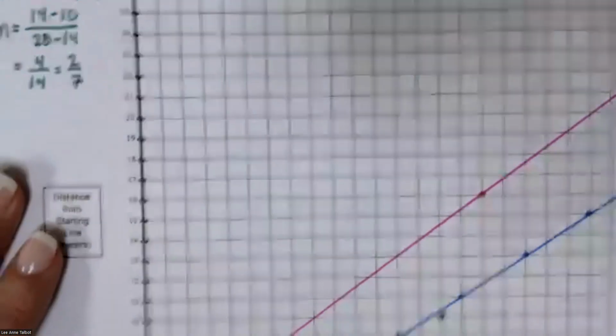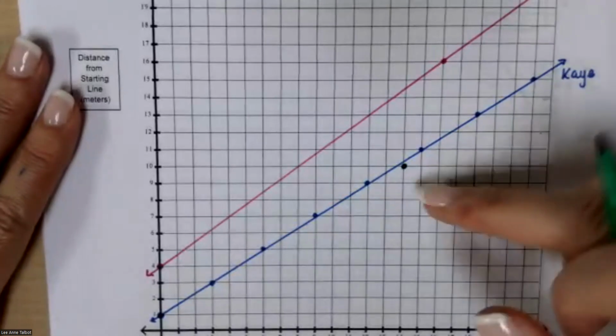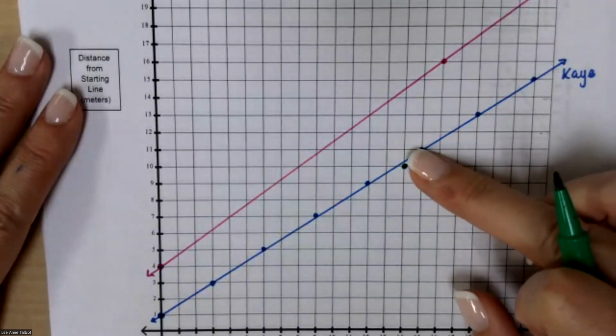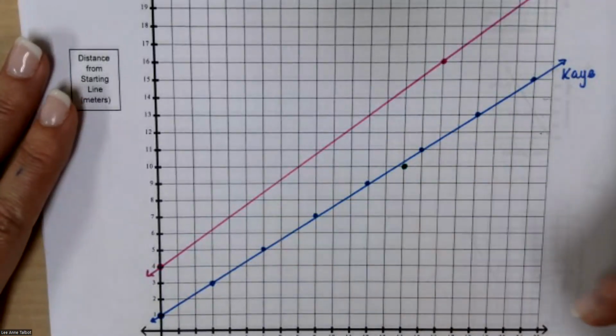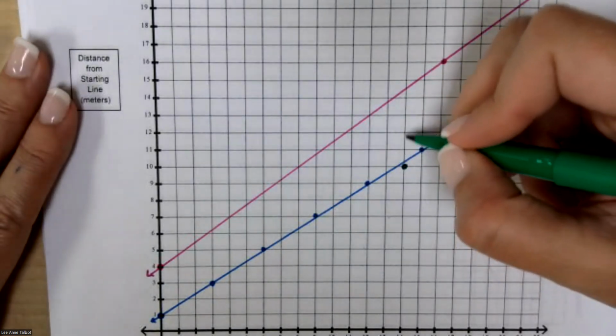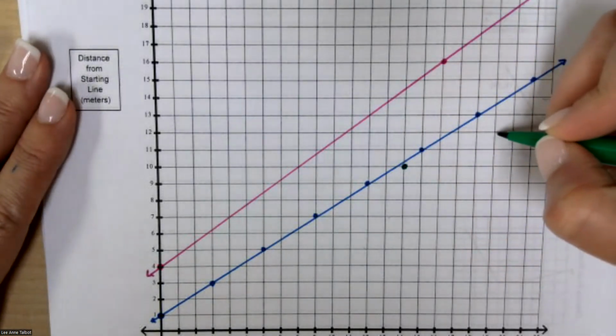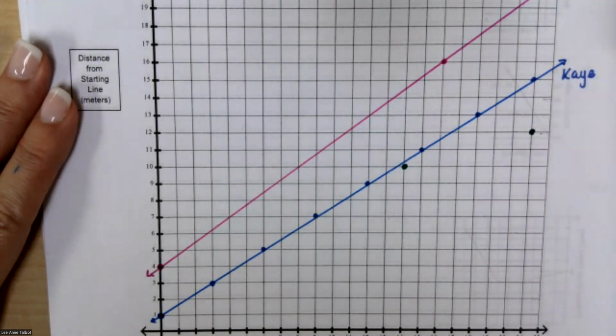Okay, so this is what we're going to do. We're going to go in both directions. We're going to go up 2 over 7. We're going to go down 2 back 7 to see where her start was. She did go slow, huh?